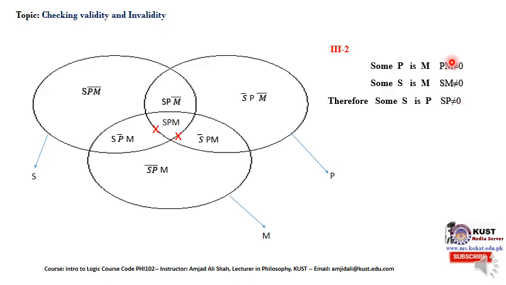Now, what does the first premise say? The first premise says Pm is not equal to 0. Now, you're supposed to put an X in the clause of Pm, in the area of Pm. So, where is the area of Pm?